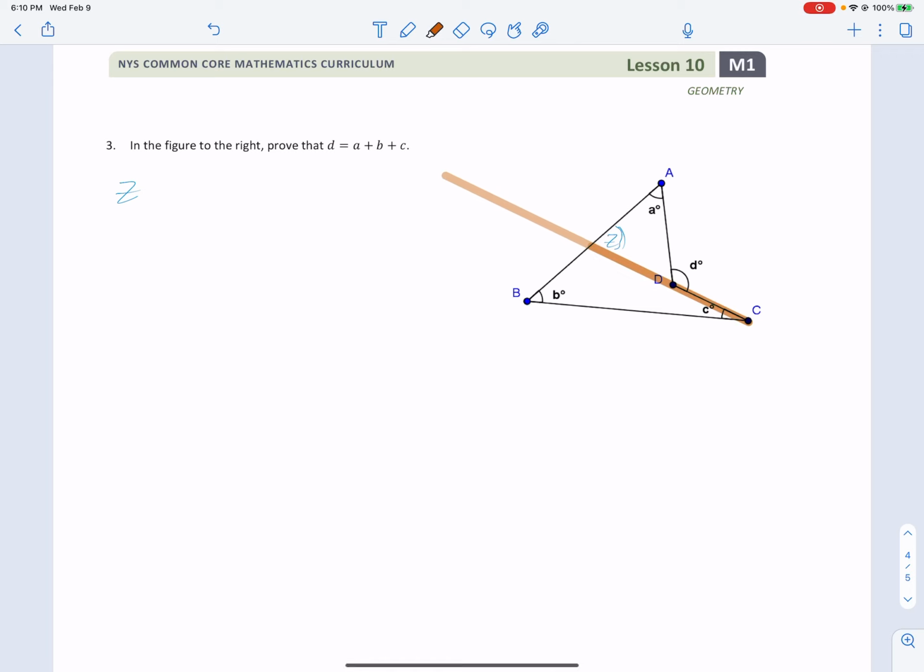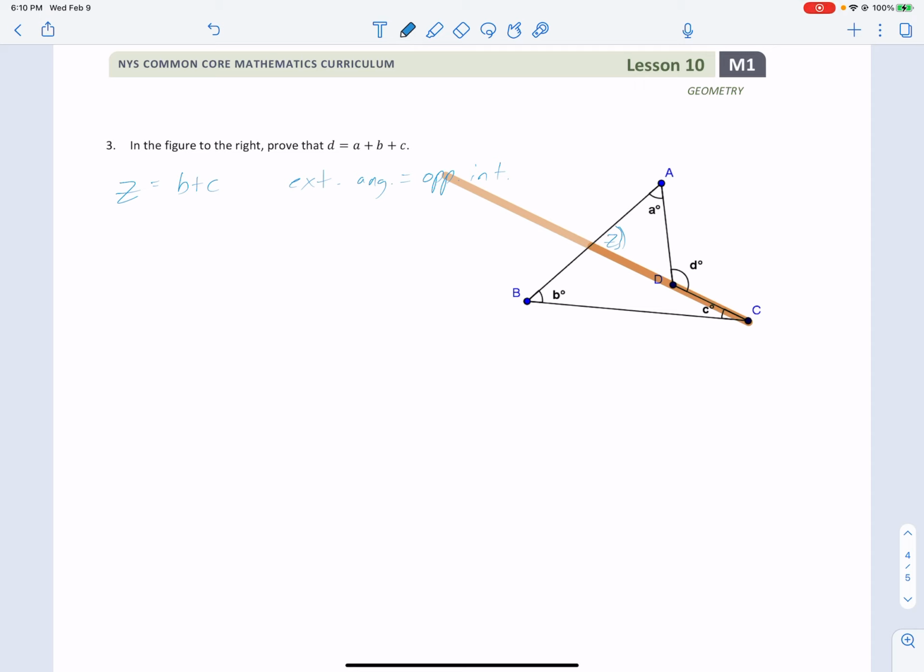Then suddenly we have our old standby friend of a triangle whose one side is on a line or a line segment. But we know that Z is equal to B plus C because an exterior angle is equal to the opposite interior angles. Isn't that cool? And this comes up a lot.